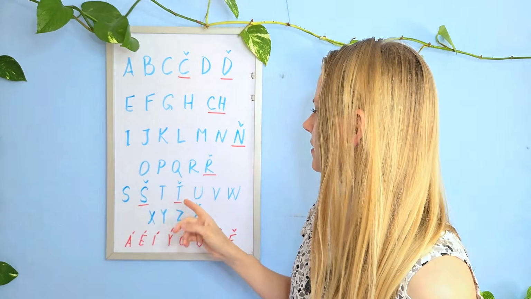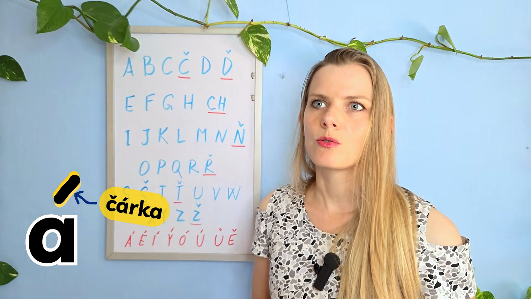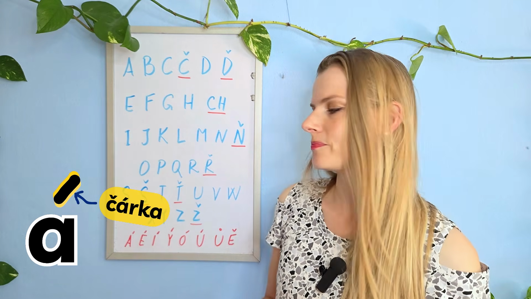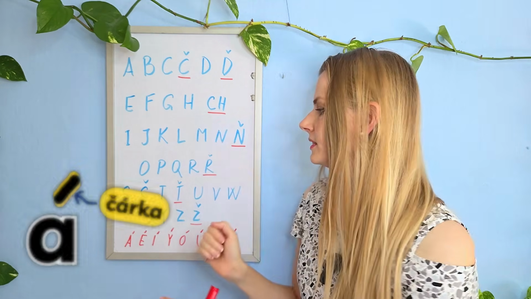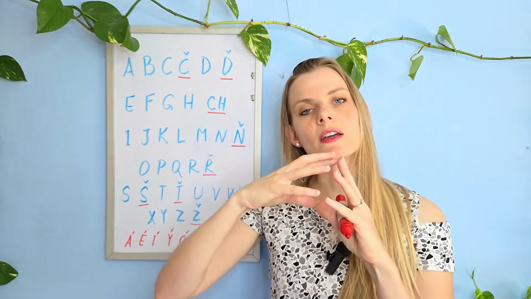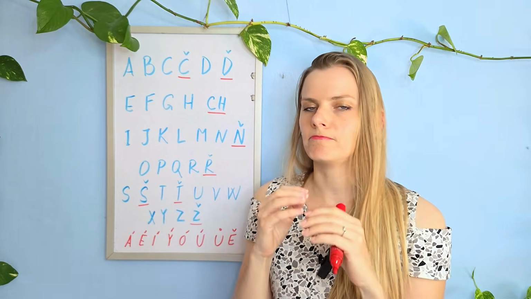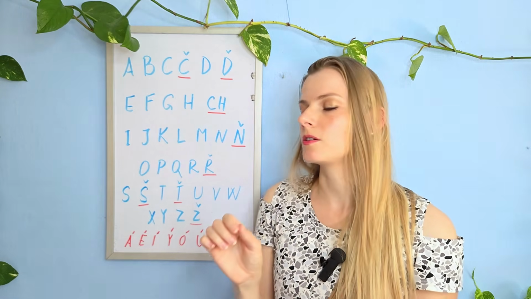And then we have this line that's called Čárka, a line. In English it's also called an acute accent. That Čárka appears over a vowel, like Á, and what it does, it makes the sound a little bit longer. It's not about stress, it makes the sound longer.